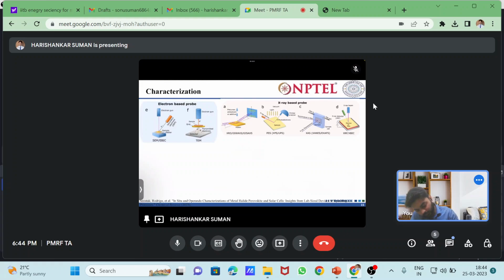So this is the TEM. In TEM, transmitted electrons are collected and detected, while in SEM, reflected or secondary electrons emitted, or X-rays, are detected. These are the differences between SEM and TEM.